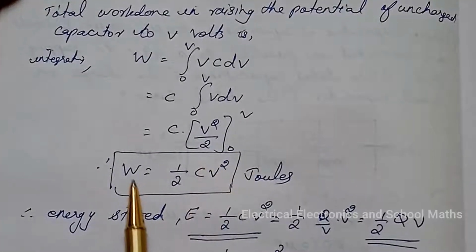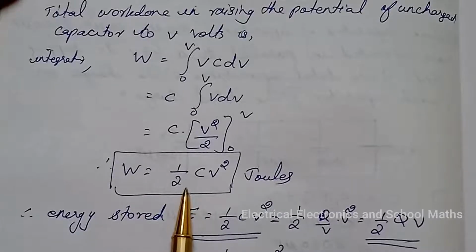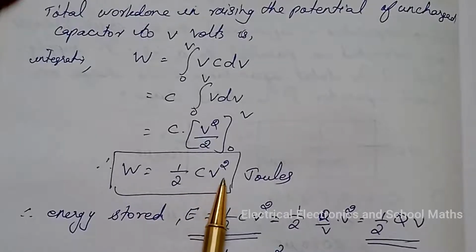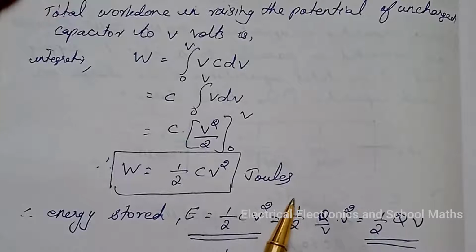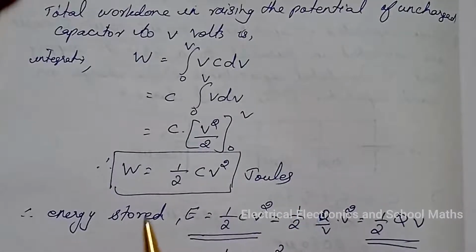We get W is equal to 1 by 2 into C into V square joules, and the work done is nothing but the energy stored, that is energy stored is equal to half CV square.